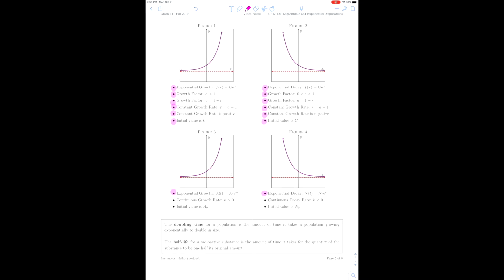And then the basic setup is again very similar, with slight changes. So instead of our c, we say a sub 0. So a sub 0 is our initial value, or then in the exponential decay it will be n sub 0. The little 0 at the bottom just denotes that that's the initial value.